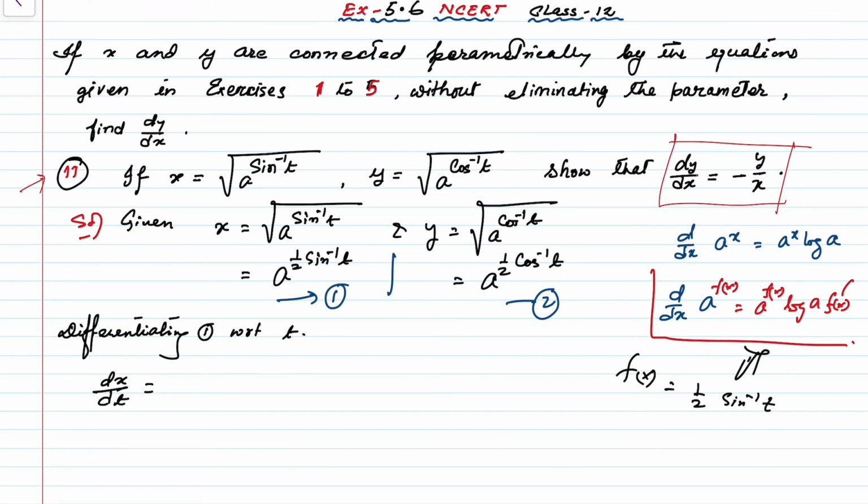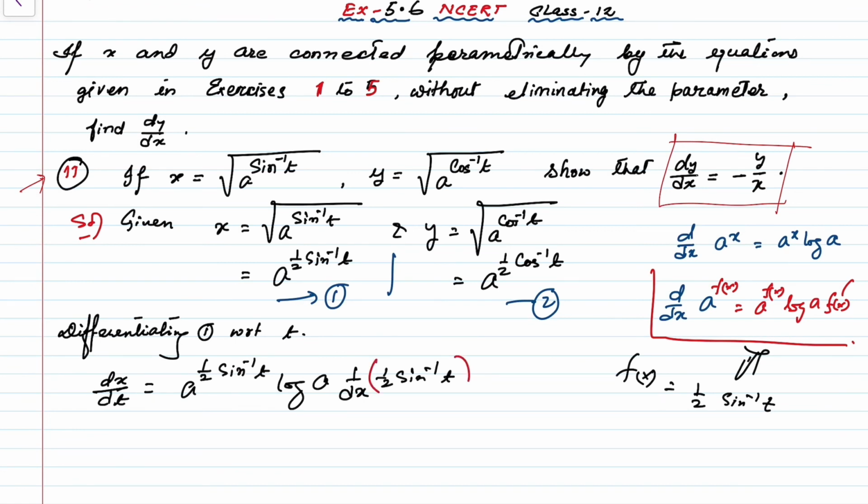So according to this result, a to the power f of x, that means half sine inverse t, then log of a, then again derivative of f of x, that means here derivative of half of sine inverse t. So that's how we have to differentiate.